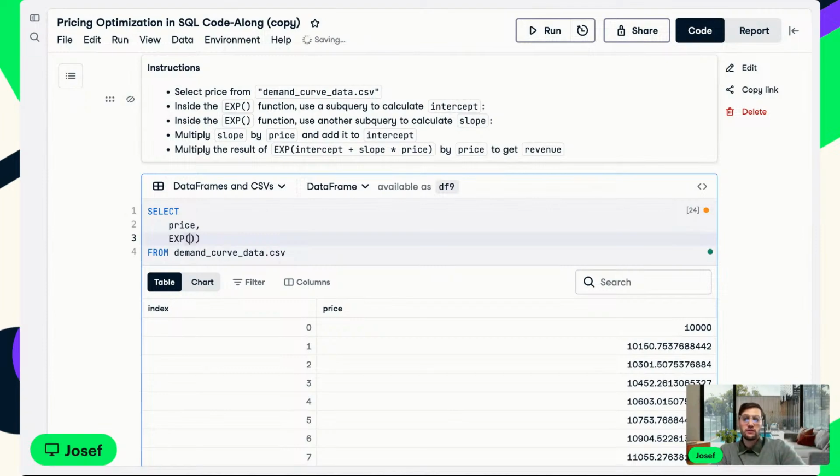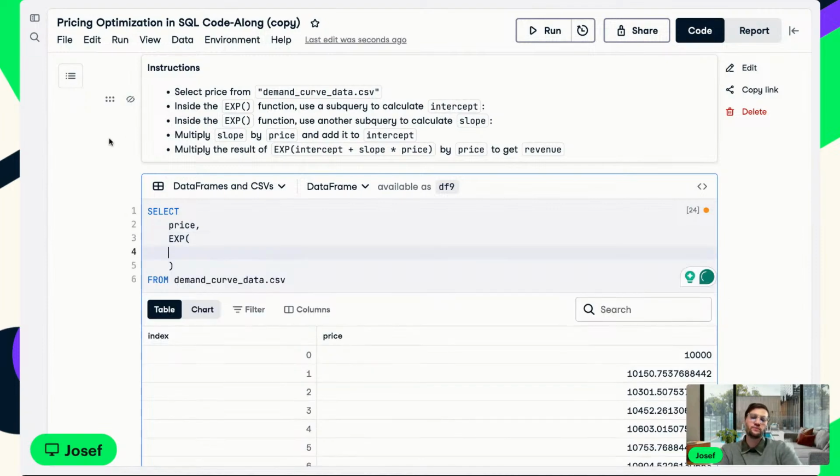So exp is the way to do that. Now in order to get exp raised to beta 0 plus beta 1, we need these coefficients from our linear model, which we need to derive from our own query. So we start a subquery always with the open parenthesis, and then I can select.